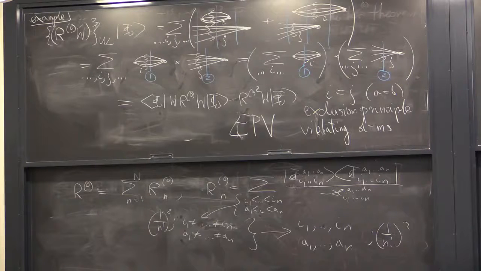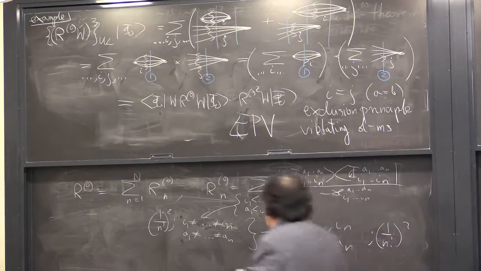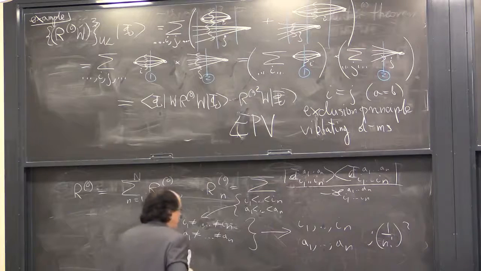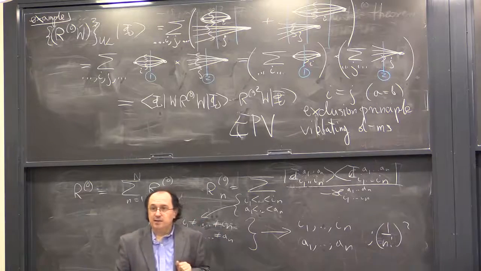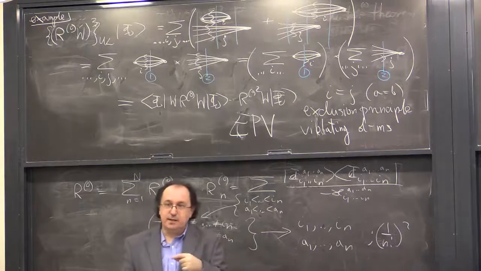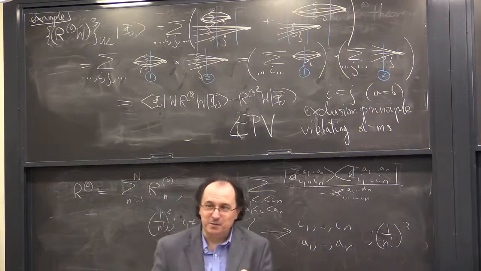And of course, as you know, it is much easier to deal with diagrams which have free symbols, where you don't have to worry about whether some of them are fixed or whether some of them have some constraints or relationships. And of course, throwing in these diagrams where i's or a's can be equal is throwing in zeros, but that's exactly also throwing in EPV diagrams.